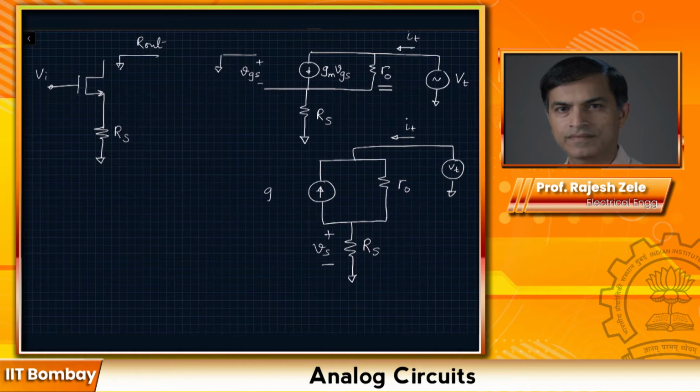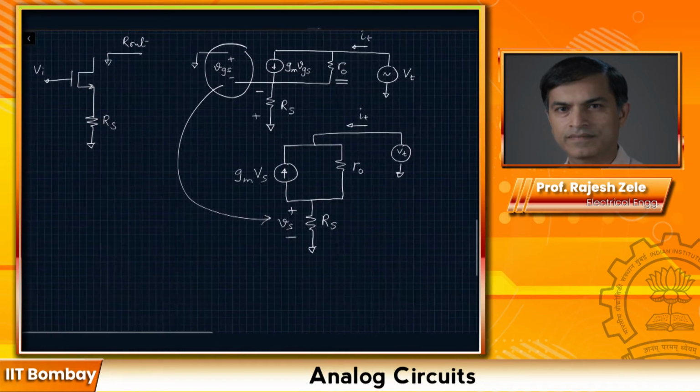It will look like Gm times Vs. So we have just flipped the sign, and as a result we have flipped the current source arrow. You can pause the video and start writing the equations, and at the end we will compare your final result with mine.